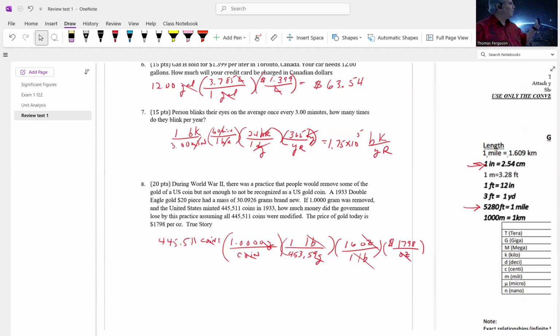Now, the second one there, 1 gram per coin has to be there because the units have got to cancel. So that has to be there, even though it's 1/1.